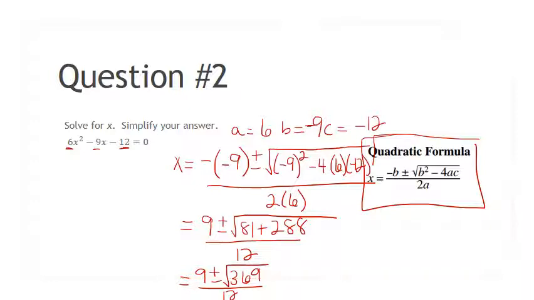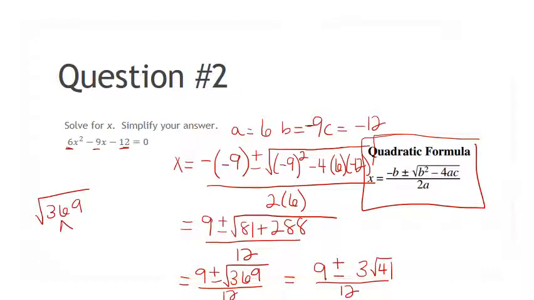Now the square root of 369, if you have the awesome TI-30XS and you just type that in, it's going to simplify it for you, and it's going to tell you that the square root of 369 simplifies to 3 square root 41, all over 12.